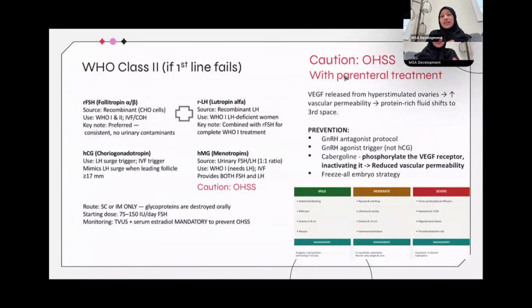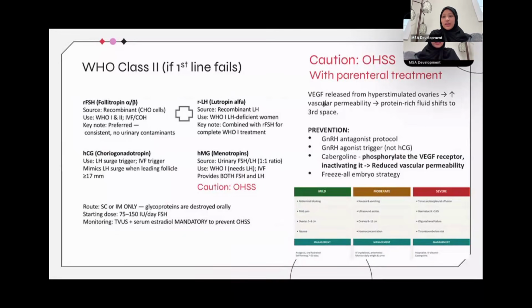So what is it exactly? It's kind of an overcorrection. Let's say you give someone estrogen or all these hormones. Instead of restoring the balance, it tips the balance over. So it overstimulates the ovaries, and it causes even more damage than what you intended.